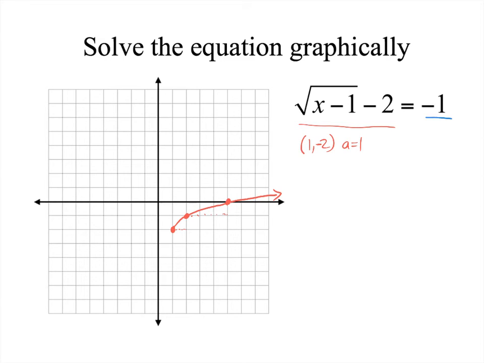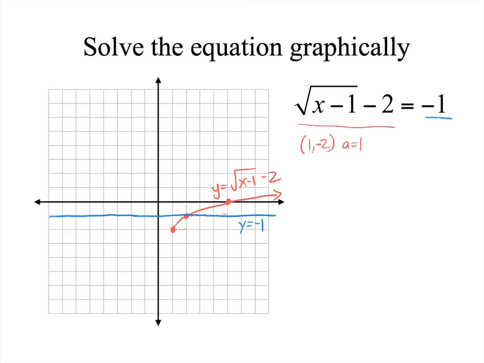Then I want to graph this. In order to graph that, you should see that as an equation, y equals -1, which looks like this. So that's y equals -1. The other one was y equals the square root of x minus 1 minus 2. There's the two graphs. Each side I graphed.